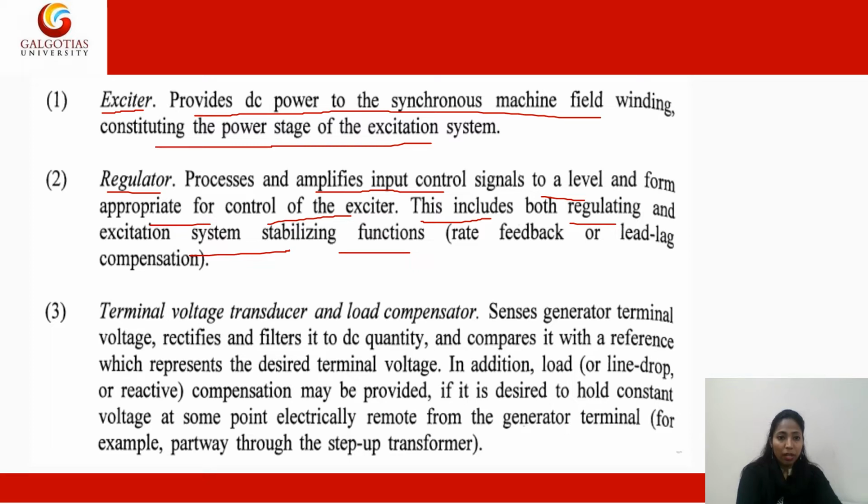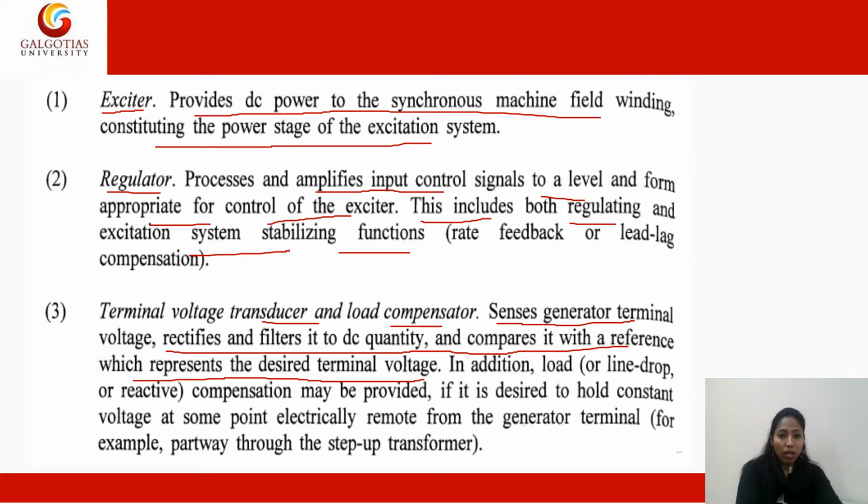Now the terminal voltage transducer and the load compensator. The transducer senses the generator terminal voltage, then rectifies and filters it to a DC quantity and compares it with the reference, which represents the desired terminal voltage.